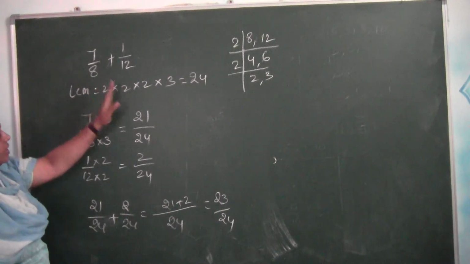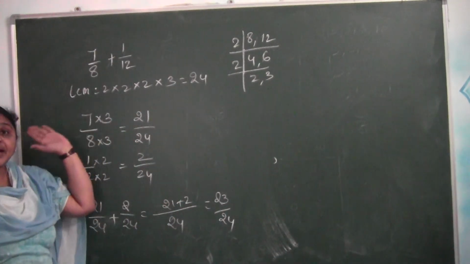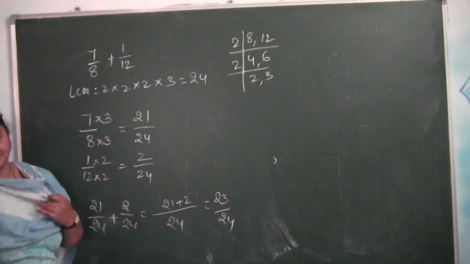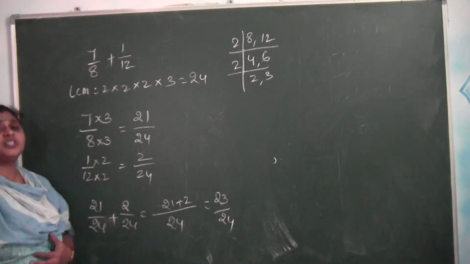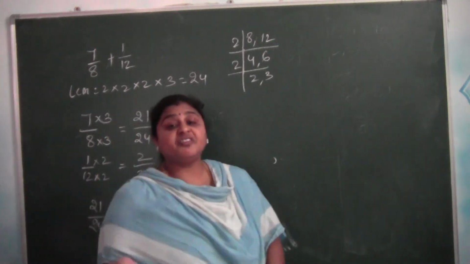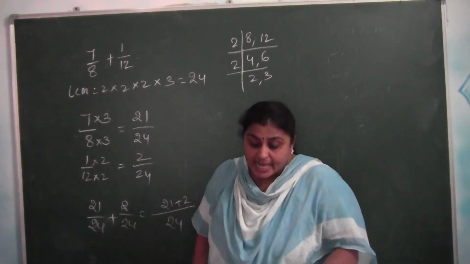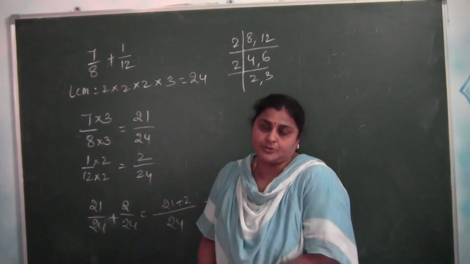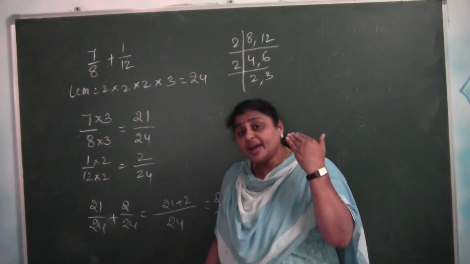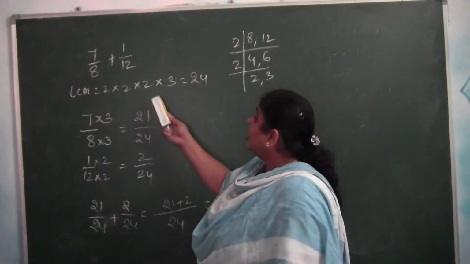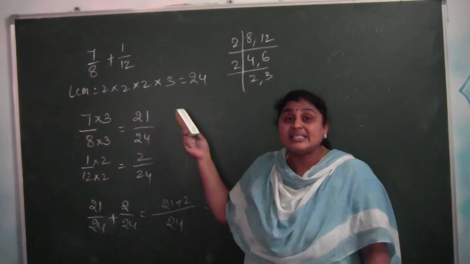If you have addition, you will add. If you have subtraction, you will subtract. That's it. The same procedure you have followed for the comparison of fractions, the same thing you will do for the addition and subtraction also. Now while adding and subtracting, children, no need to calculate LCM in some cases.